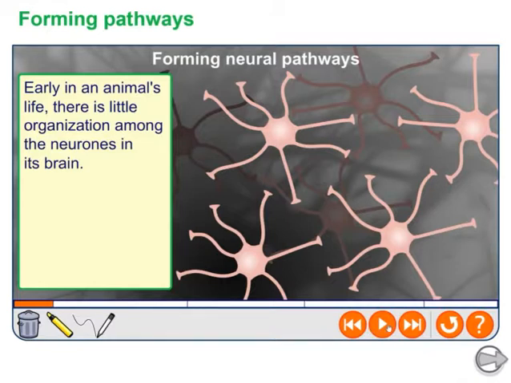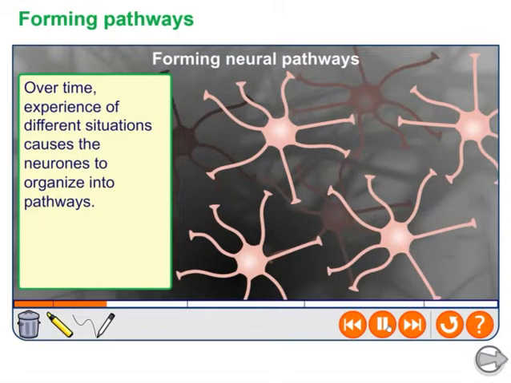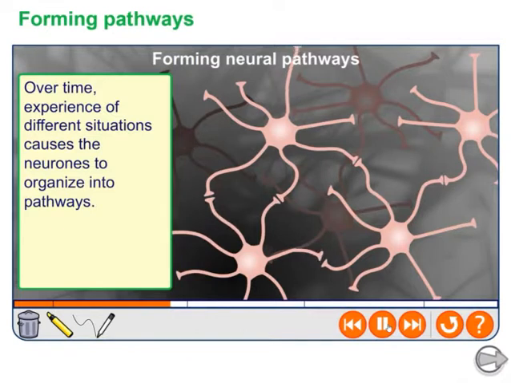Now, initially in a baby, there's quite a low level of organisation in the brain. But over time, the experience of many different situations causes neurons to organise in different sorts of circuits.